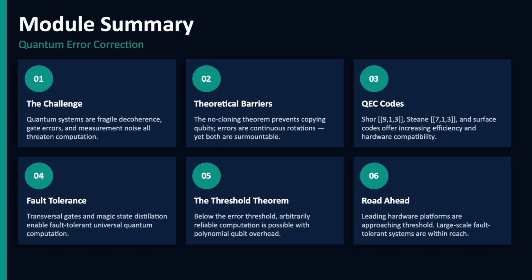The Steane code showed how to do it more efficiently and with better properties for computation. And surface codes showed how to do it in a way that is compatible with the physical realities of building large scale hardware, with the highest known error threshold and purely local qubit interactions.